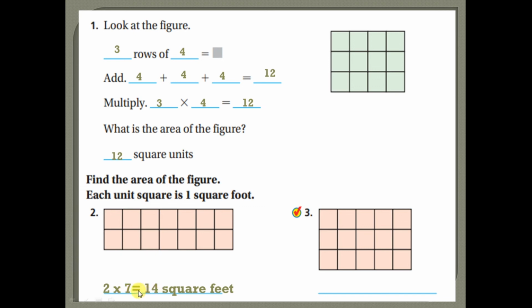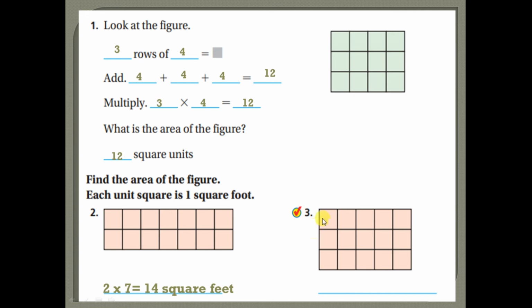Let's say timetable 7. 7, 14. So the answer is 14. And because the unit here is square foot, the plural of foot is feet. So it will be 14 square feet, not square units.